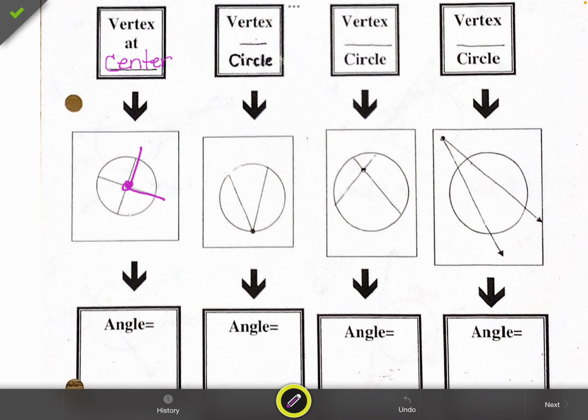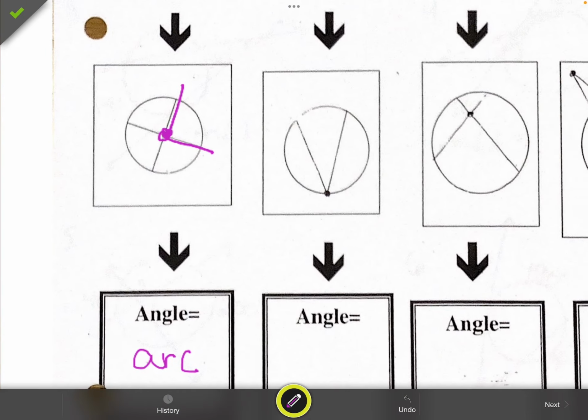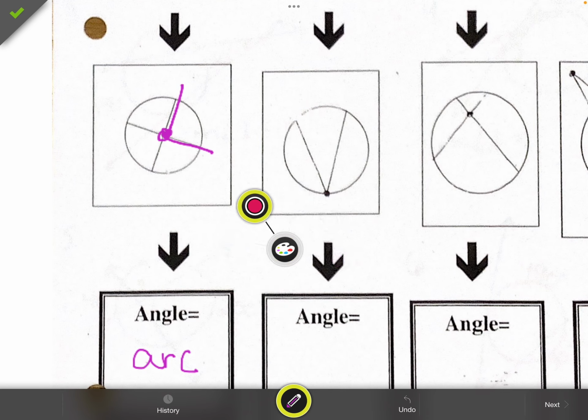Here's my vertex. If your vertex is at the center, your angle measure is equal to whatever its intercepted arc measures. So if we look at this angle here that I marked, that angle actually measures 90 degrees. So there's my box.